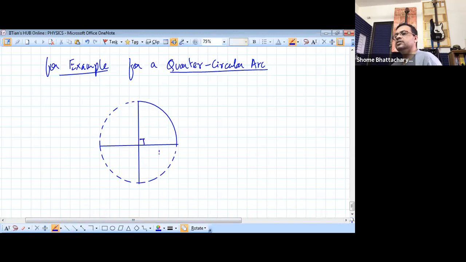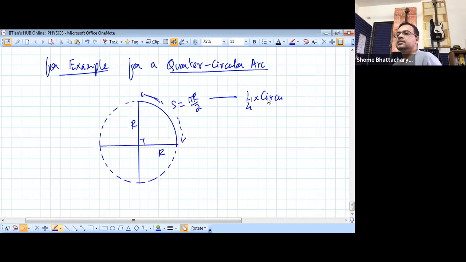If this radius is r, this arc length from here to here, we know is how much? This arc length is pi r by 2, no? It's 1/4 of the circumference.